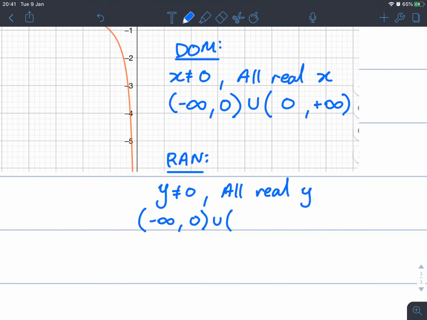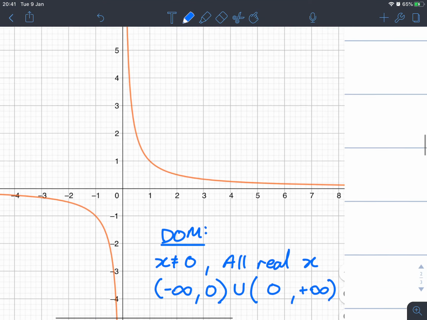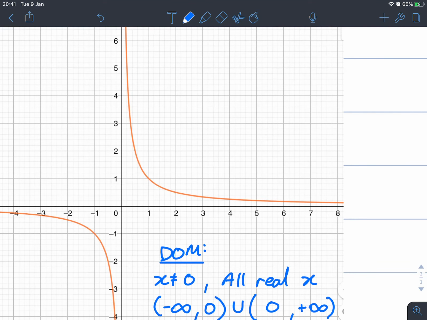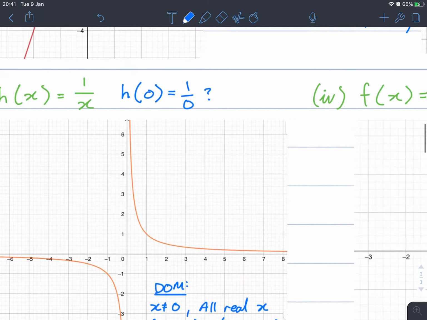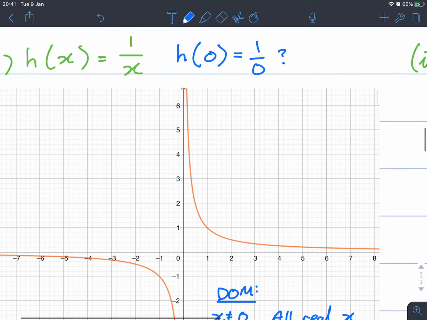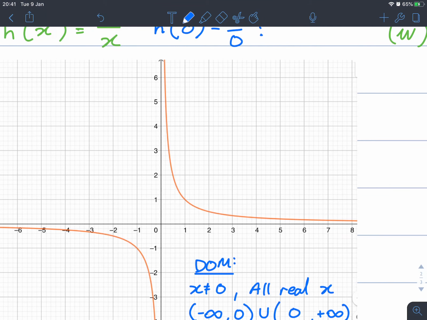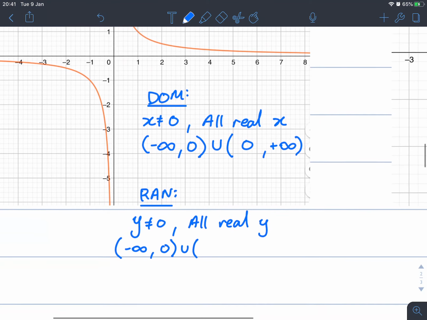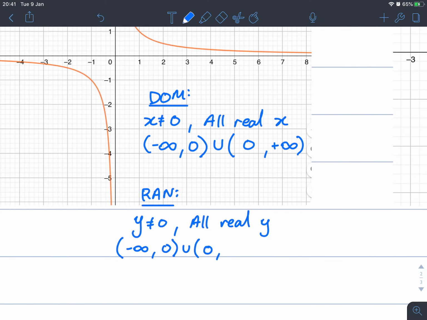Union with, once again here, the highest this will go is +infinity, but then it'll have to stop really close to 0. So it'll go from 0 to +infinity.